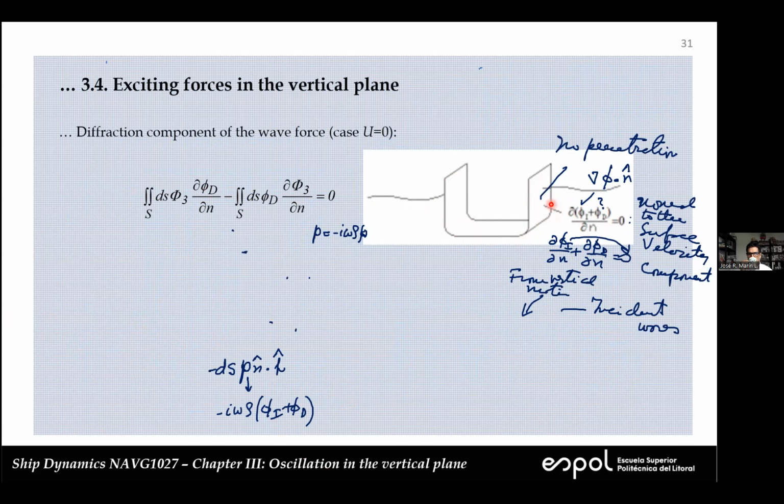So d phi d dn has to be equal to minus d phi I dn. But phi I is the incident wave, so we know that.